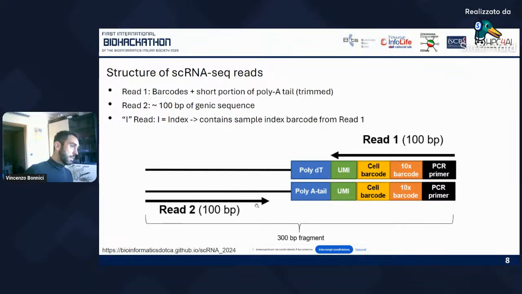And then there is a paired read in the opposite direction that is again almost 100 base pairs, and it contains the sequence of the transcript that you are sequencing through your experiments. This is indicative, it can be larger sometimes, it depends on the protocol and the technology, 300 in total, so you may have gaps between read 2 and read 1, so you don't know what is in the gap.